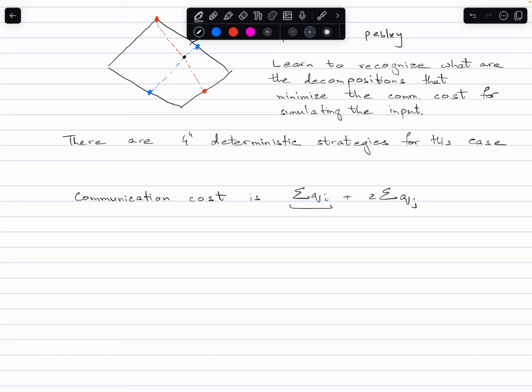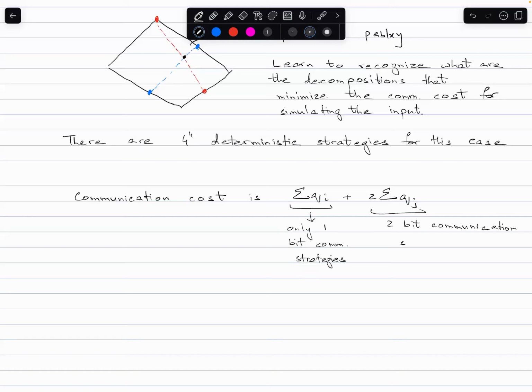So here, these are maybe only 1-bit communication strategies. And these are the 2-bit communication strategies. Right, so this gives us the expected communication cost.